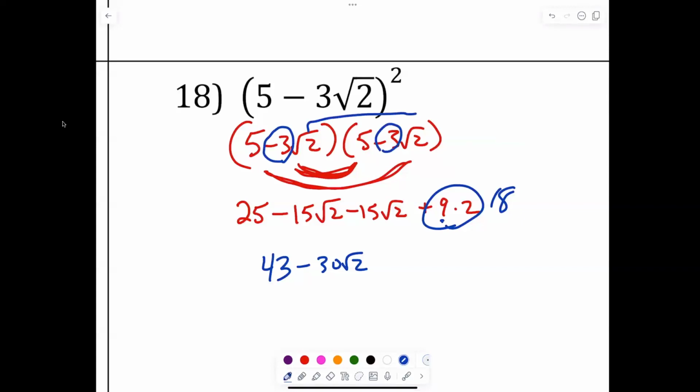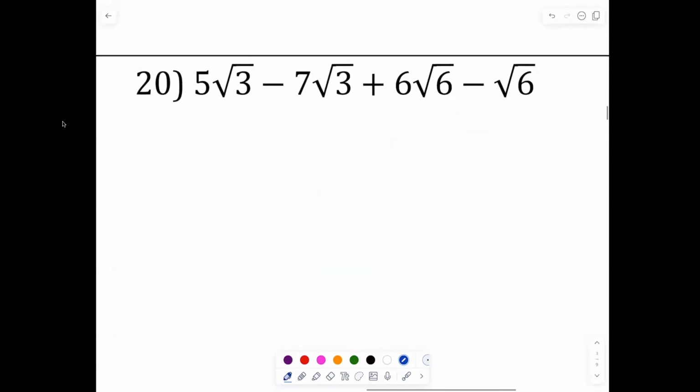Square root 2 times square root 2. Negative 3 times negative 3 is 9, right? Square root of 2 times square root of 2 is 2. That's what that is. Why would it be negative 39? Negative 15 and good.